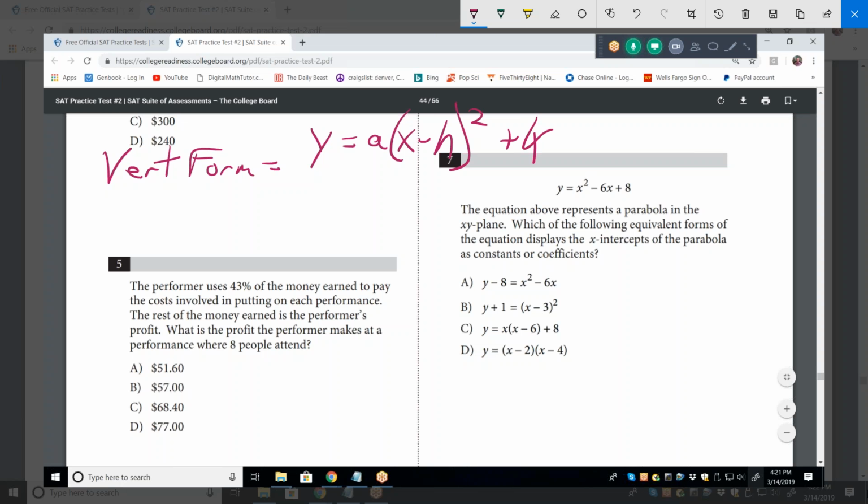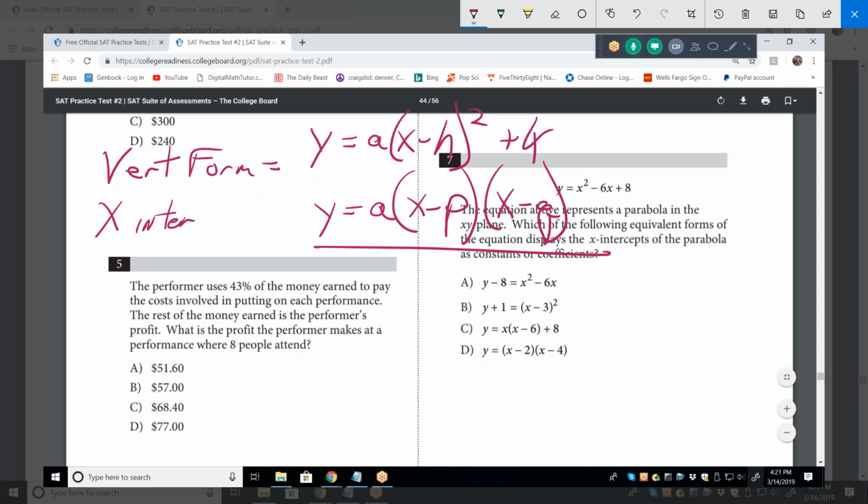Mm-hmm. The second most important one is the x-intercept format, which is y equals, same a, by the way. So the moment you see x-intercept, you're looking for an equation like that. And the third format, the only other one I know, is standard format, where you have y equals ax squared plus bx plus c.